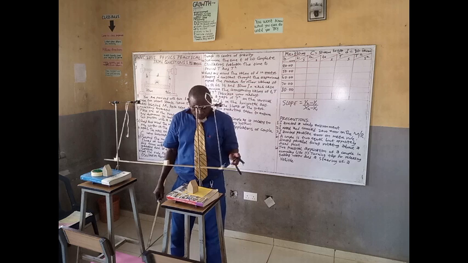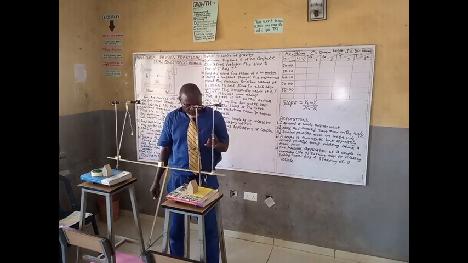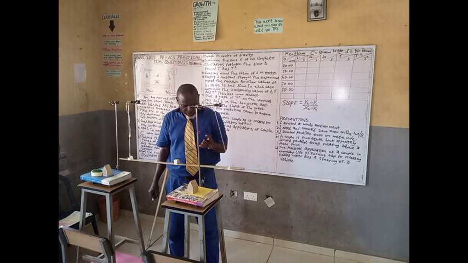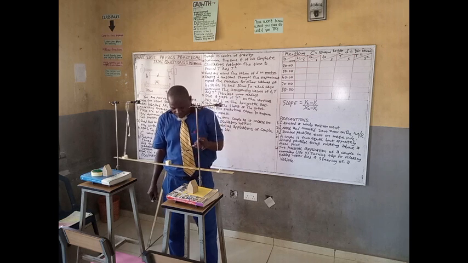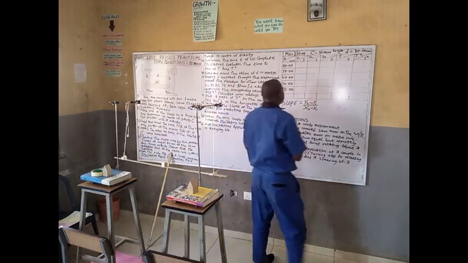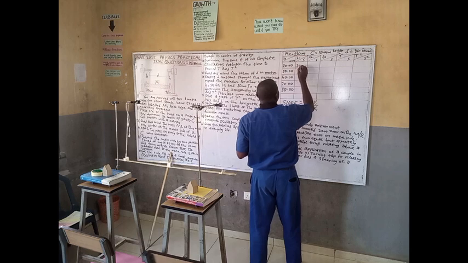One, 2, 3, up to 20. The time for 20 oscillations for the first one is 20 seconds.